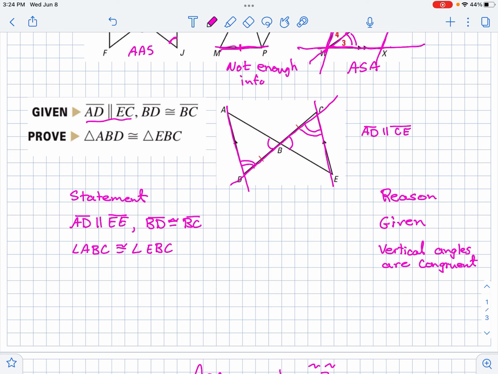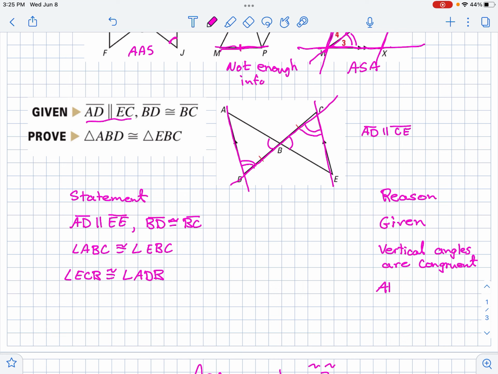So let's say angle ECB is congruent to angle ADB, and that's because for two parallel lines cut by a transversal, the alternate interior angles are congruent.